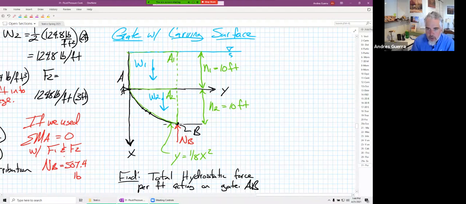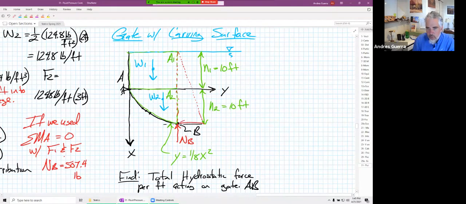Because they're just asking for the total hydrostatic force that's acting on the gate. So we have our W1 and W2, but then also remember the horizontal components. Well, the horizontal components are the pressure on this imaginary surface, this vertical line at B. We technically have a pressure distribution that's triangular, starting at the top at 0 and increasing all the way to the bottom.